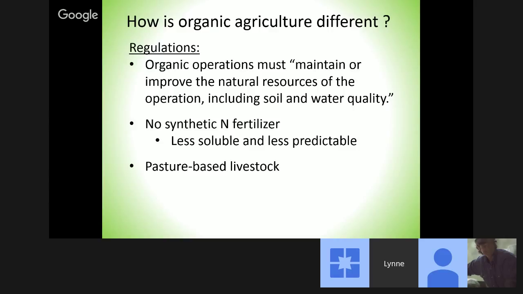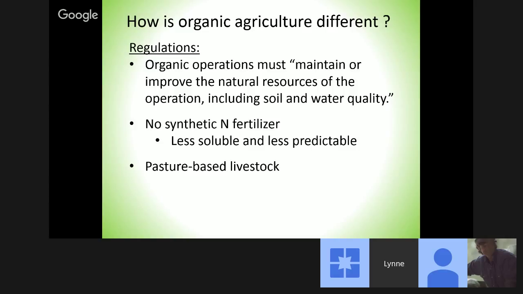They are not allowed to use synthetic nitrogen fertilizer, but there are some mined sources of nitrogen they can use, and of course they do still need sources of nitrogen. So green manures are used, manures, and some mined materials.